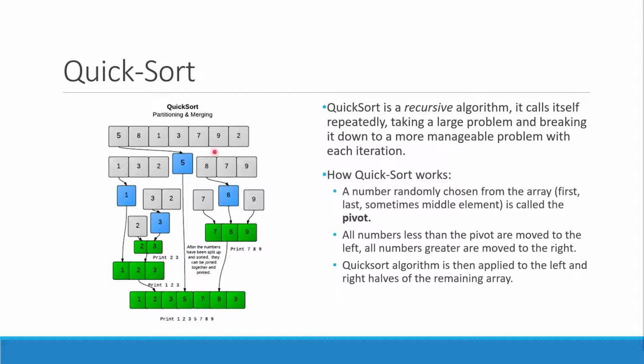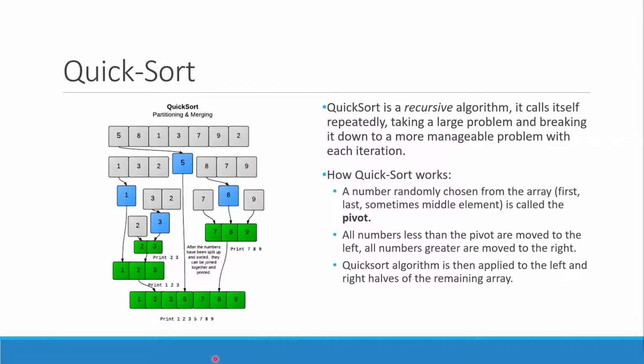And because this array was broken down to just one singular element, that's the base case that we would return. So this 2 and this 3 would come back together to make a sub-array of 2 and 3, and then it unites with the pivot and the left array, which doesn't exist, because there's nothing there, and it would unite to make the sub-array 1, 2, 3.